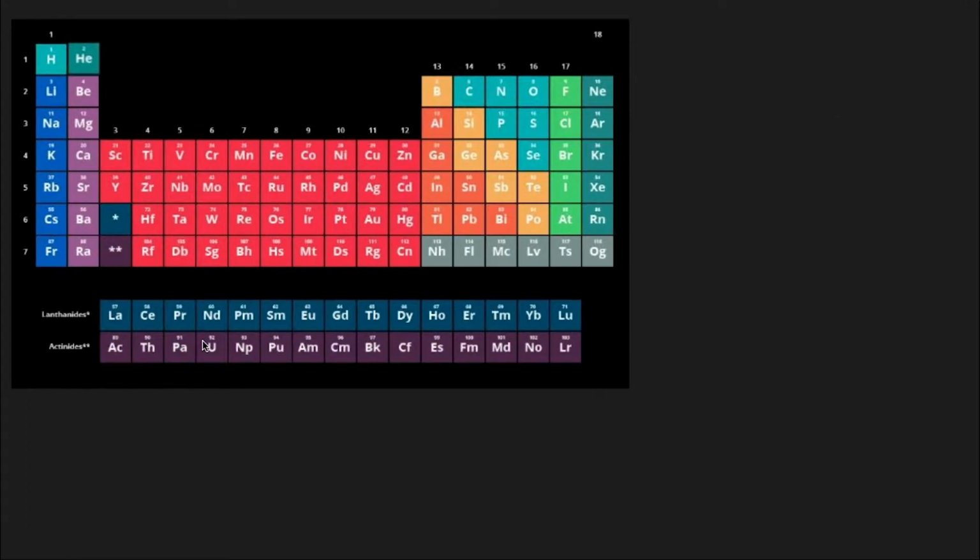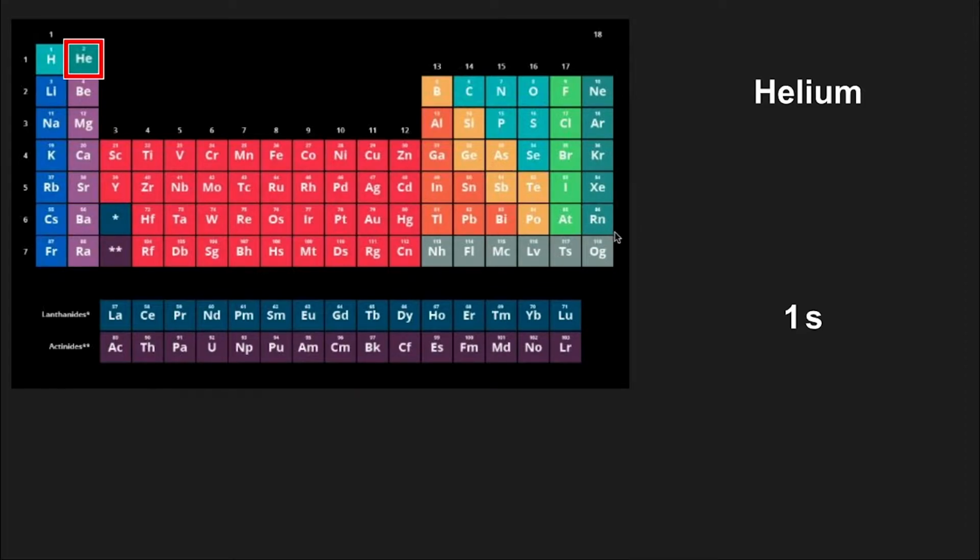Next up, let's do the second element on the table, helium. As always, we're going to start from the top left and work our way over, adding an electron every time we go across the table of elements. And since we're starting in the first period, our coefficient would be 1. And since helium lies in the same S block, we still have an S right next to our number.